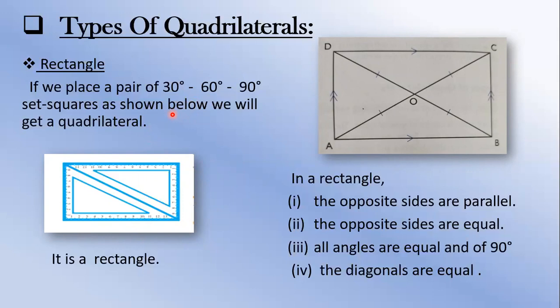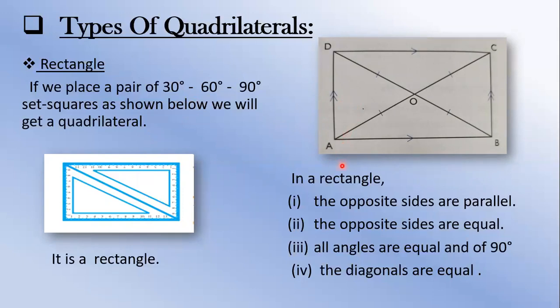One is 30 degree, 60 degree and 90 degree, and the other one is 45 degree, 45 degree and 90 degree. If we place a pair, that means 2, of the 30, 60, 90 set squares, we can get a rectangle. And this is the drawn figure of the rectangle without using the set squares.